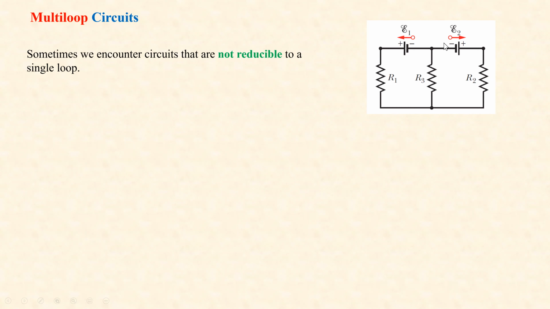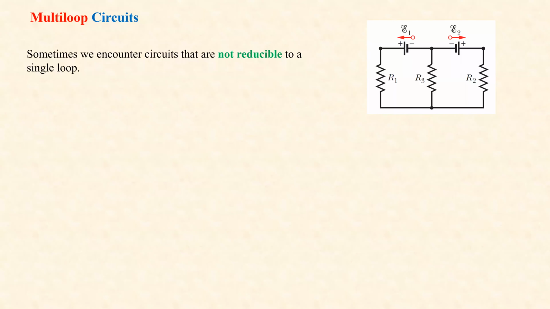We know what it is between this point and this point, which is the EMF of this battery and so forth, but we don't know the potential difference across each battery, each resistor. And therefore, we cannot know what current goes through them. So in these situations, we have to go back to more fundamental laws of nature.